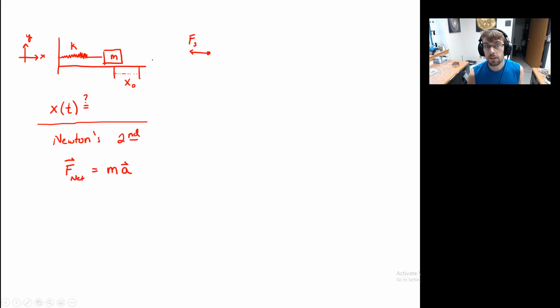So in this case, the net force, I guess we could also say there's the normal force, Fn, and the gravitational force, Fg. Okay. But the net force in this case is the spring force. So we could put on the left side of this equation the spring force, Hooke's law.